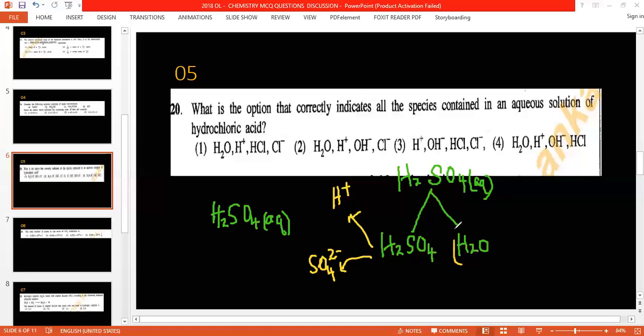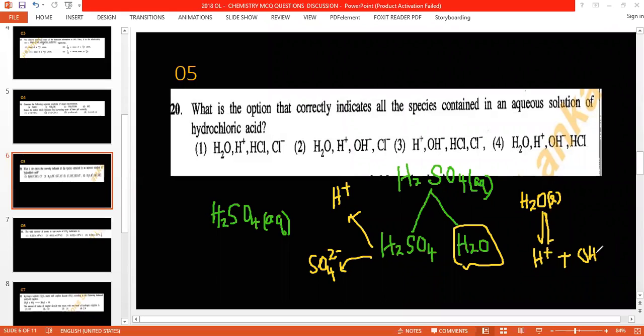Here H2O is a covalent bond molecule, and it's a liquid, and this H2O partially dissociates into H+ ion and OH- ion.